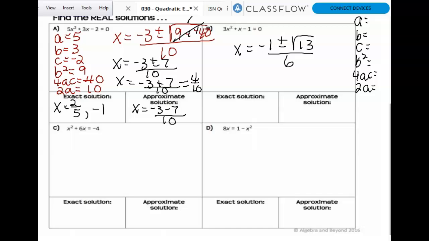Okay. What's different about C? It's not in standard form. Very good. So to put it in standard form, I'd have x squared plus 6x plus 4 equals 0.